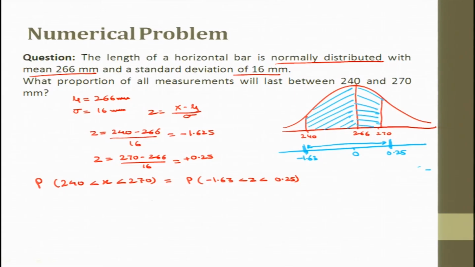So, one way to do this is I can take it as this is equal to probability for z less than 0.25, okay, minus probability for z less than minus 1.63.